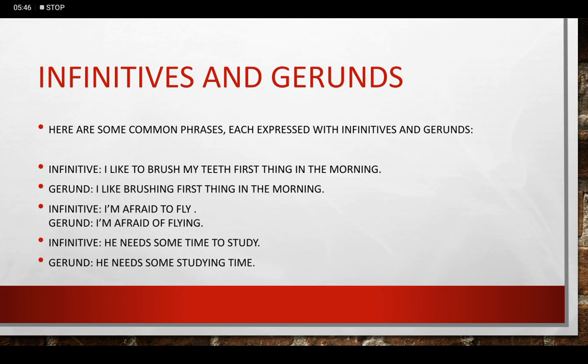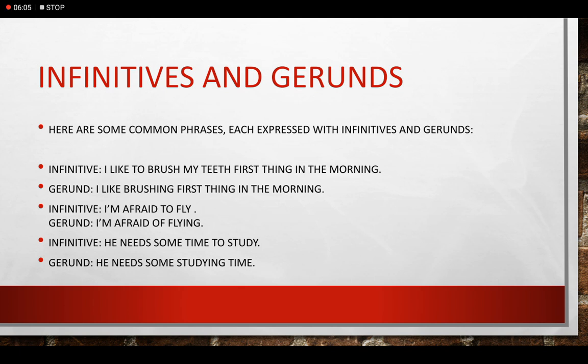So here I have tried to give some examples. See some common phrases, each expressed with infinitives and gerunds. The infinitive: I like to brush my teeth first thing in the morning. Which is the infinitive? To brush.